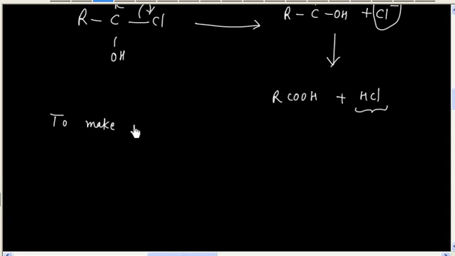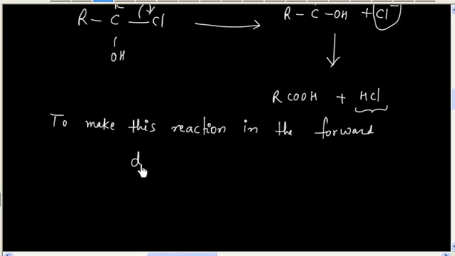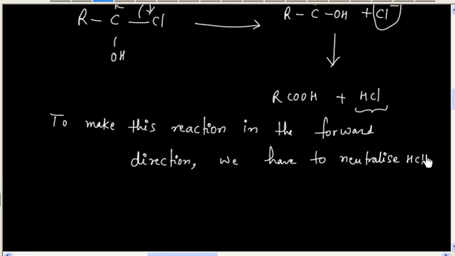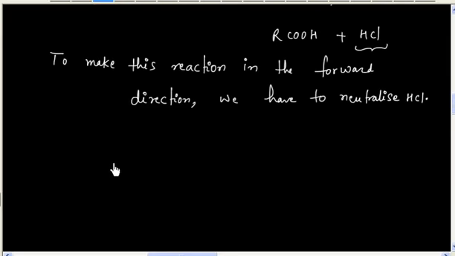So to make this reaction go in the forward direction, we have to neutralize HCl, and this can generally be done by adding a small amount of NaOH or pyridine.